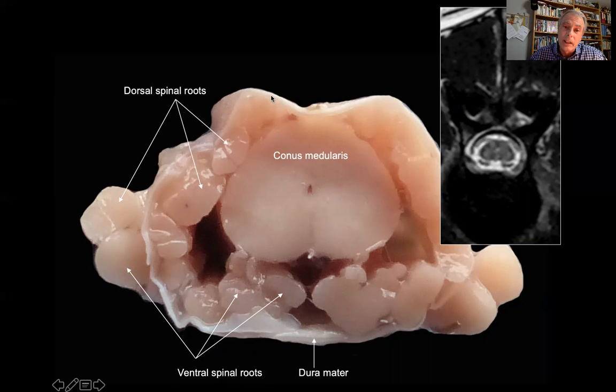Here you have the dura mater and the arachnoid underneath. And then you have all these roots of the spinal nerves that are going to form the cauda equina.